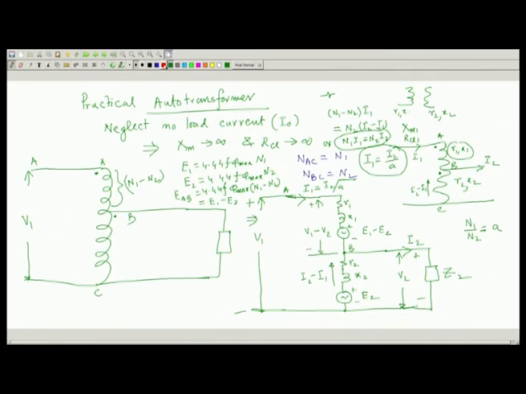Now, look at this, today I will only tell this much, look at this portion, this coil and this coil, these two coils are separate, is not magnetically coupled. Therefore, I can say that, I mean what I am trying to tell, in the next page I will draw.